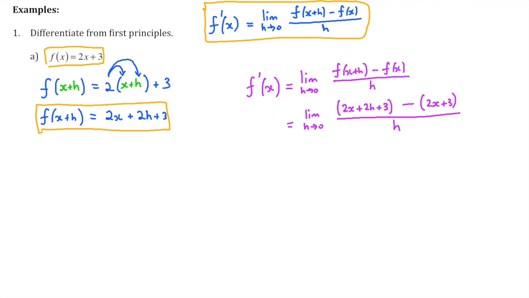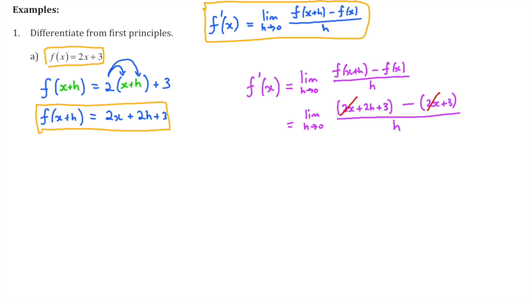Now, if I look at the question, I can look in the first bracket on the top, I've got a 2x, and in the second bracket I've got a 2x, and they are being subtracted. So 2x take 2x drops out. I can see that I've got something else that's going to cancel.